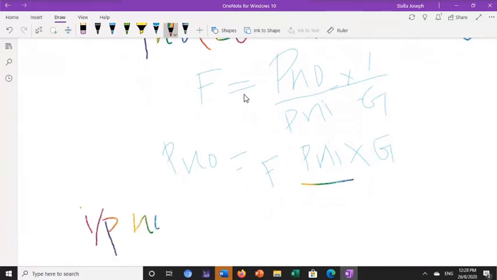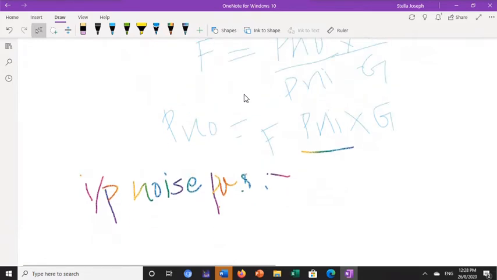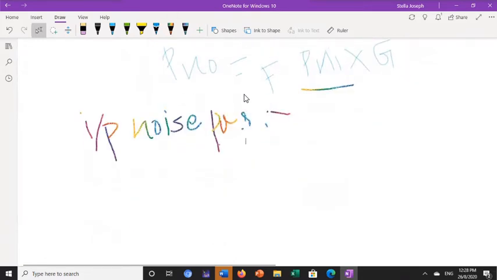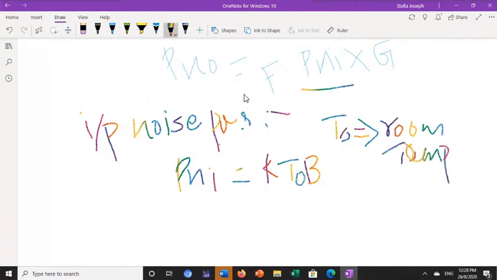Input noise power, PNI, is equal to K into T into B. So if I am using T0 as room temperature, then my value will become PNI is equal to KT0B.